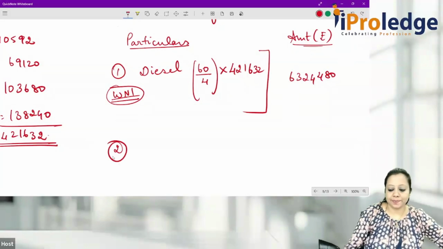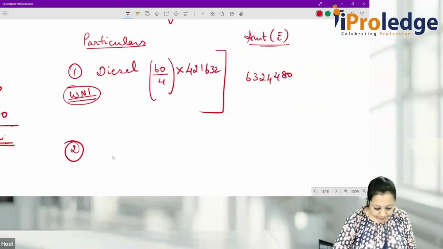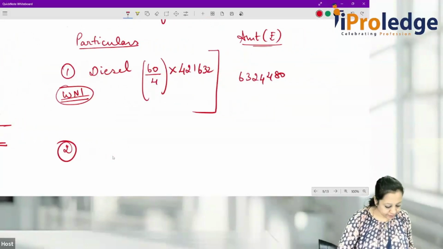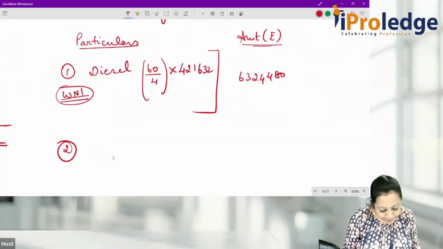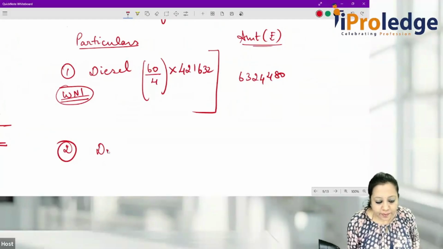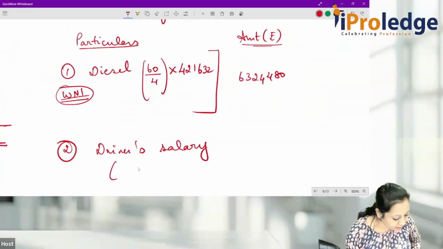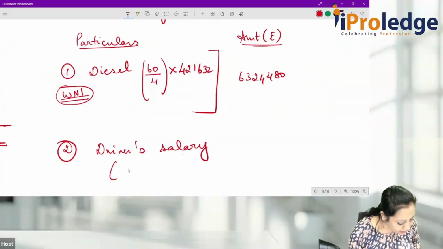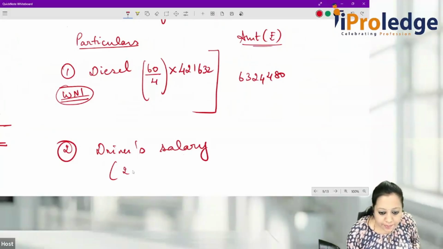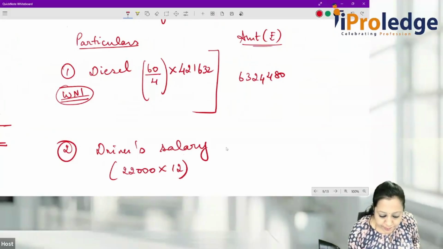So the next item, driver's salary. They have specifically said that they want the annual cost. So driver's salary is going to be 22,000 into 12.